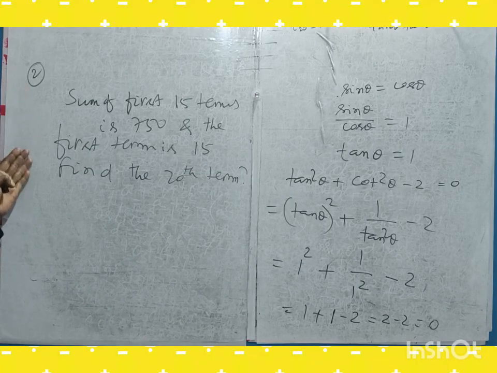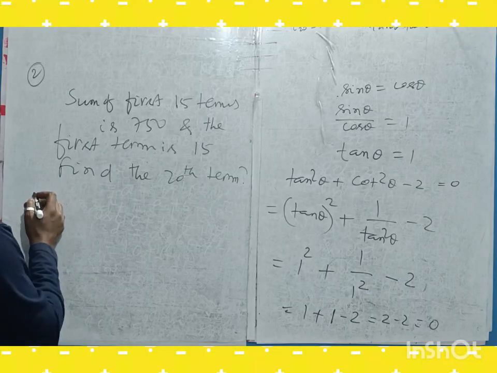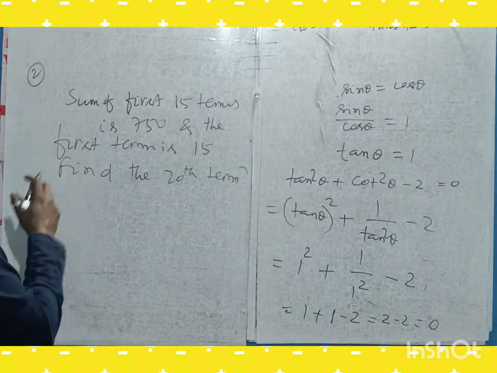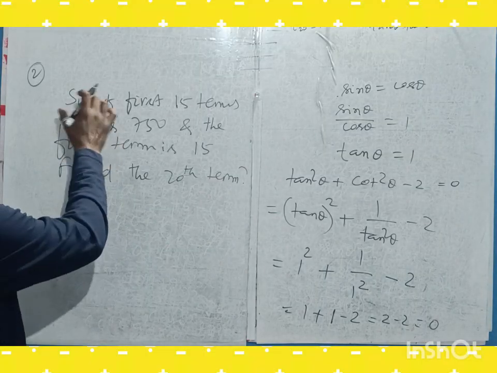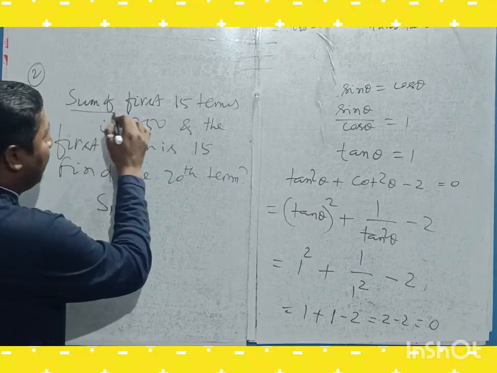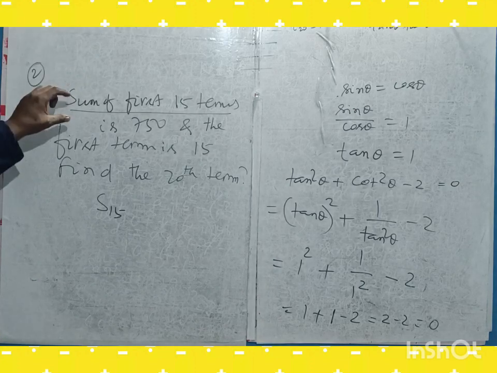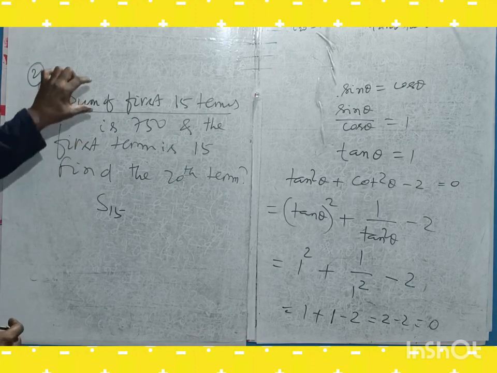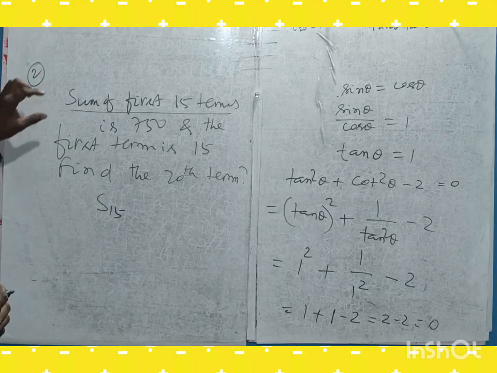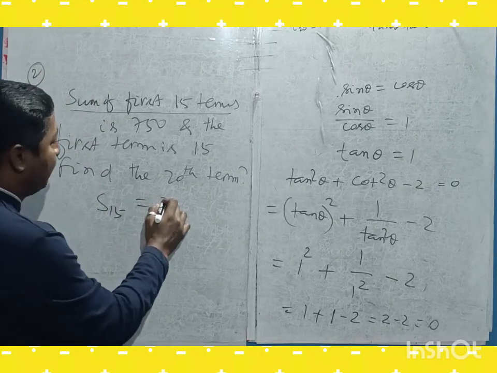So basing on this question, you have to write down the given data. The sum of first 15 terms means S15. You have to understand that the value of S15 is given as 750.